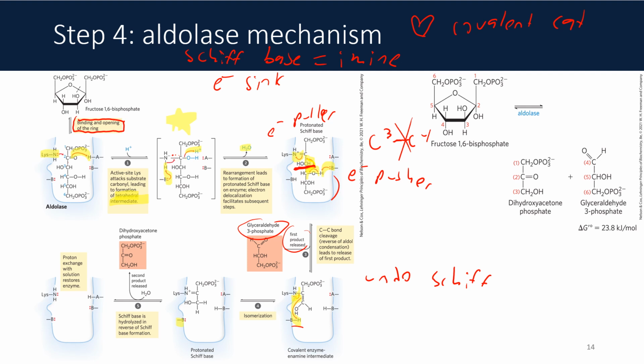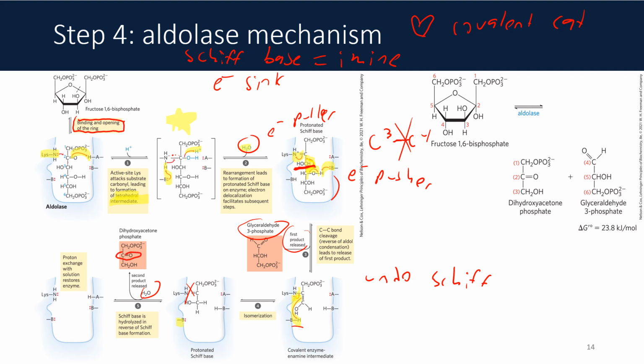Once we have resaturated that double bond to an alkane, the last step is hydrolyzing the Schiff base. Water, which was released in step 2, will come back in, and it can destroy Schiff bases really easily, reverting it into a carbonyl.